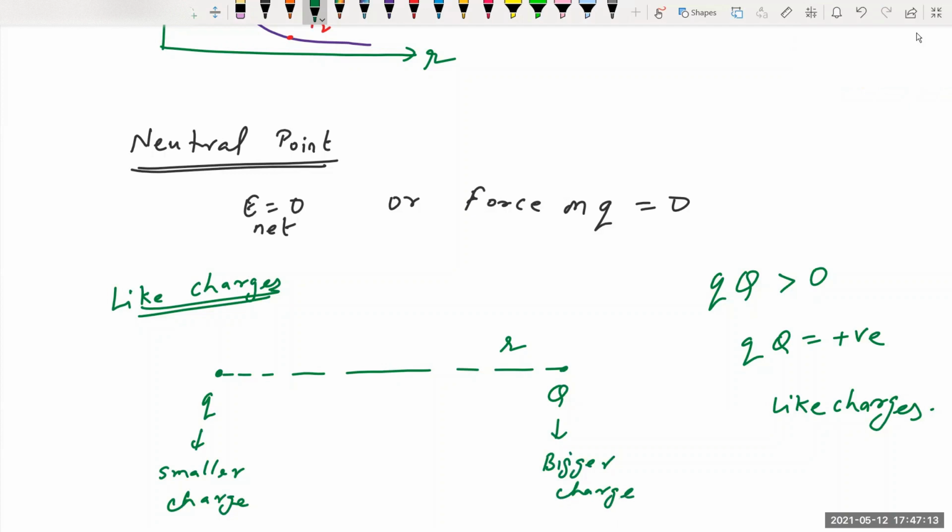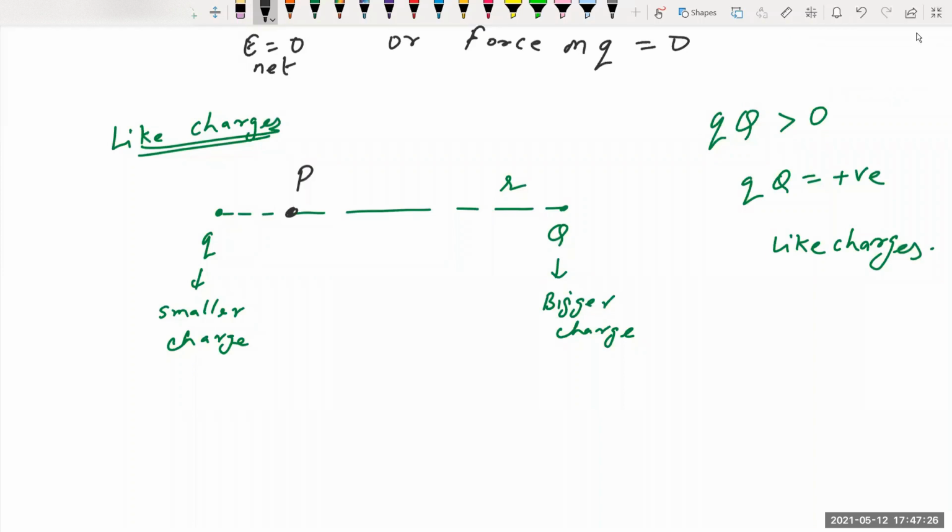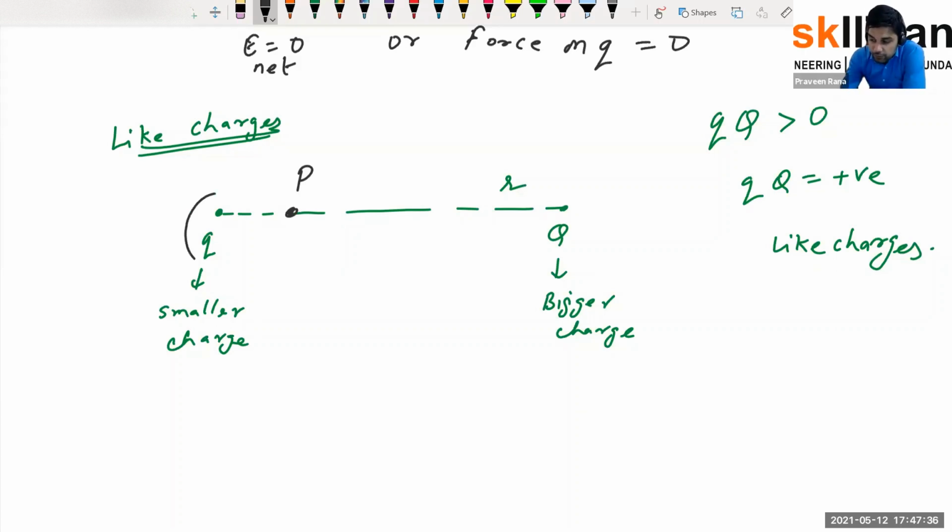Now, let's just say I have chosen a point P. So what do you think will be the direction of electric field due to small q at P? Let's just say both charges are positive. Now tell me, due to this charge small q, what will be the direction of electric field at P?